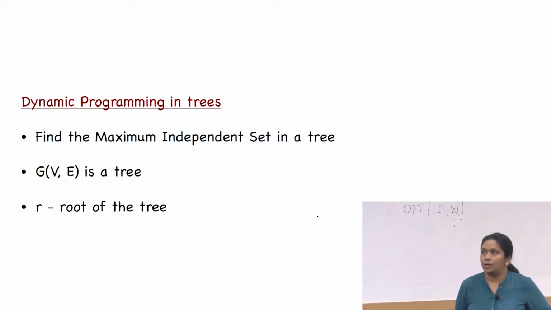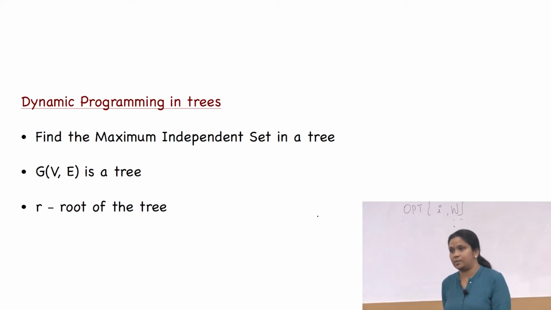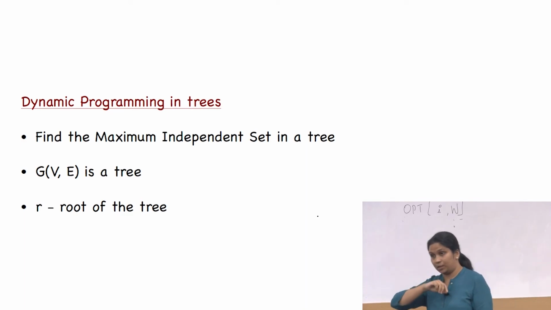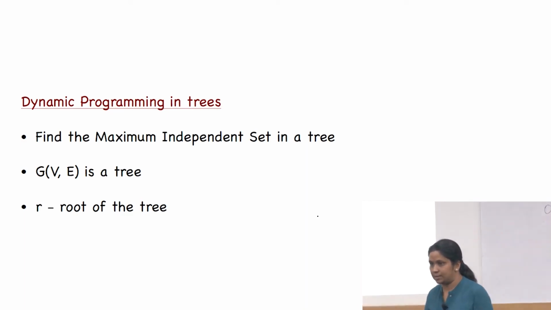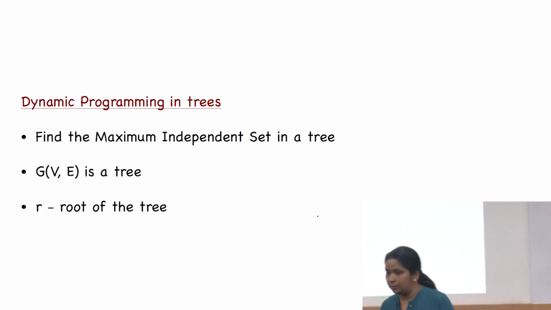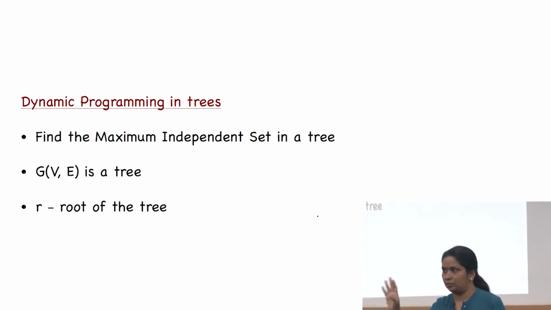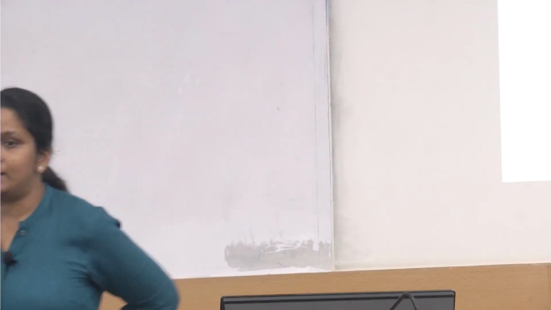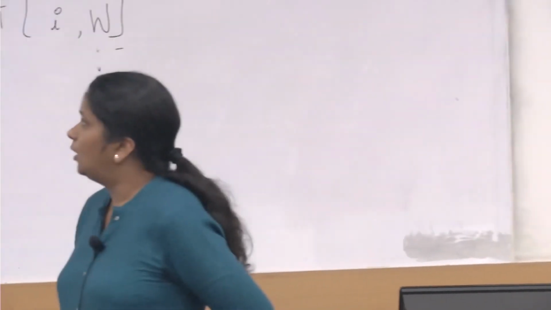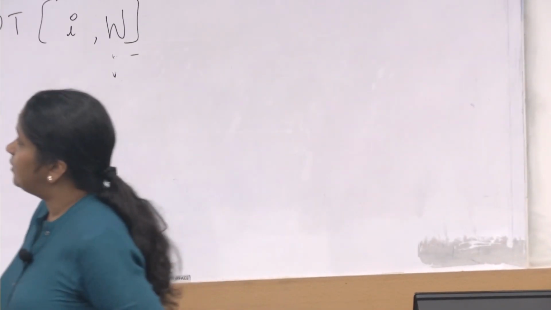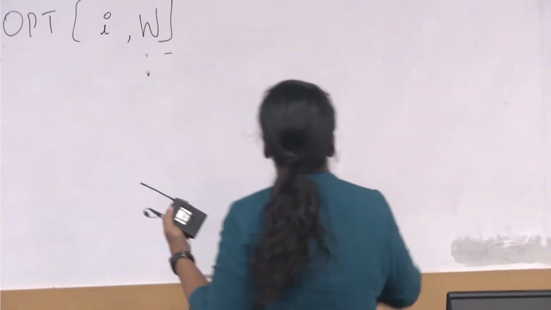An independent set is a subset, let's call it I, such that if two vertices are in I, then they don't have an edge between them, and you want to maximize the cardinality of such a set. So this is the subproblem: the maximum independent set in the subtree rooted at node U. When you have a tree, what do you mean by this?